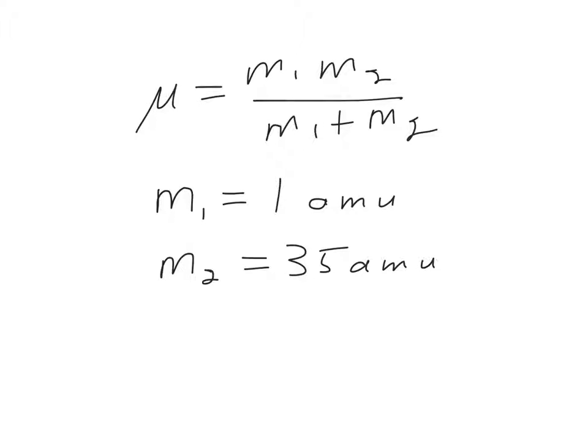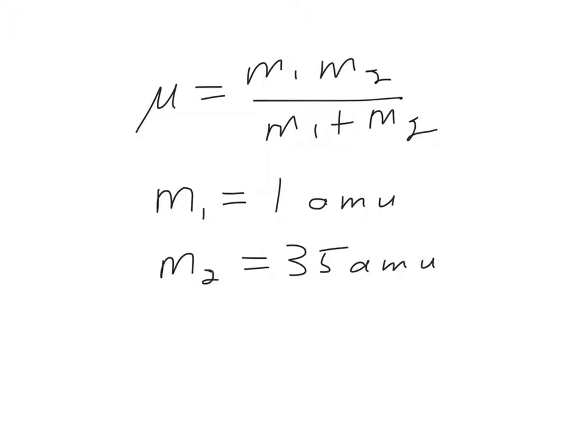Later we can do this by using very accurate, very precisely known isotope masses, but we'll just use these. Now, the units of this, I could use this to calculate the reduced mass. The units will be atomic mass units.